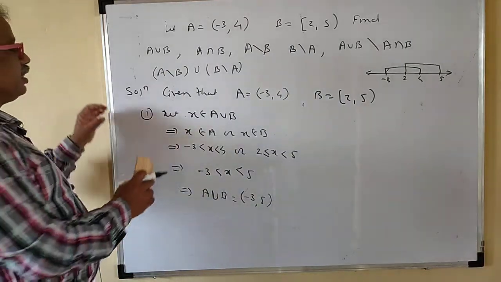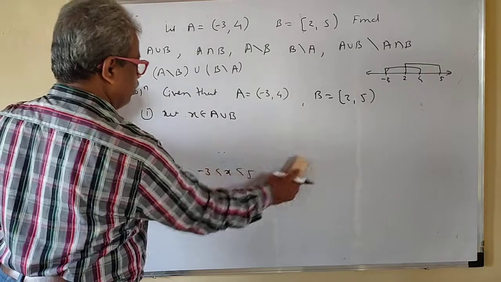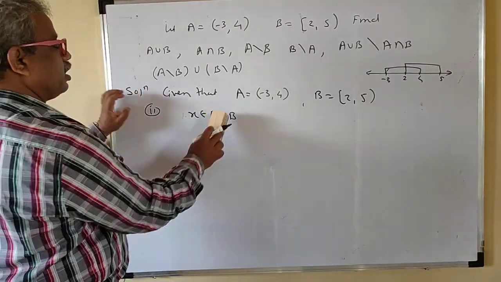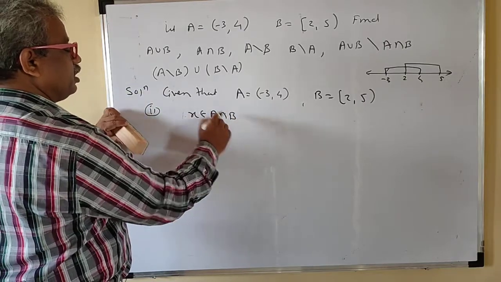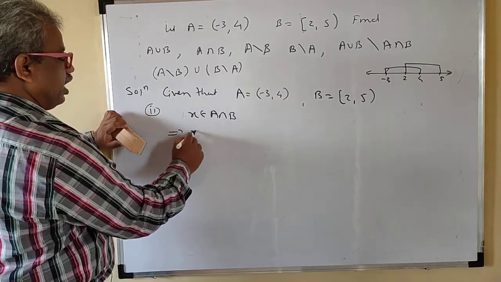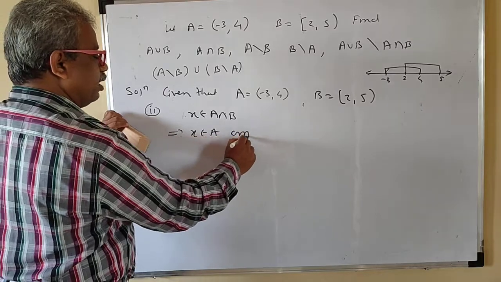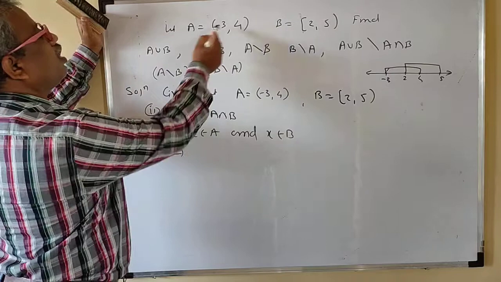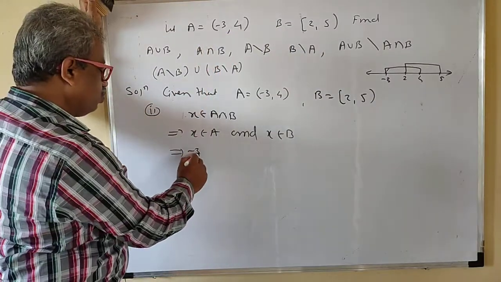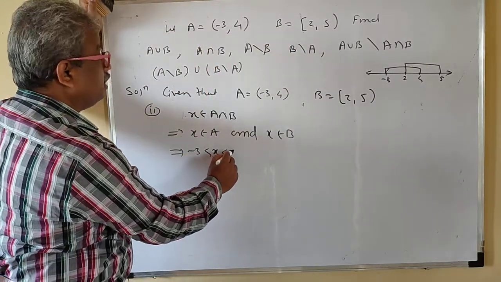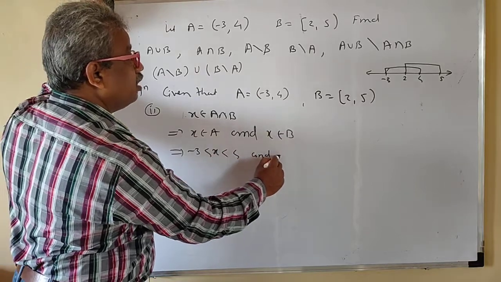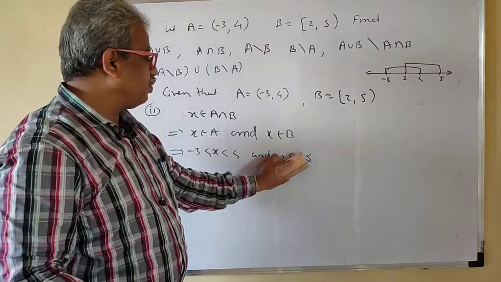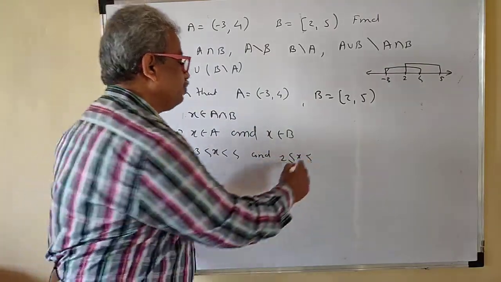Now you will find the intersection. Second, the intersection. What does this imply? X belongs to A and X belongs to B. X belongs to A means X lies between minus 3 and 4, so minus 3 strictly less than X less than 4, and 2 less than or equal to X strictly less than 5.